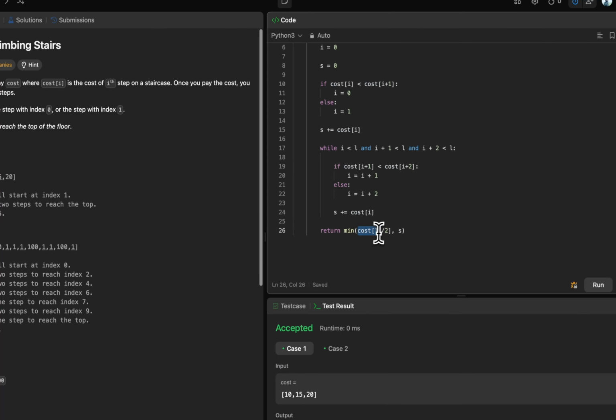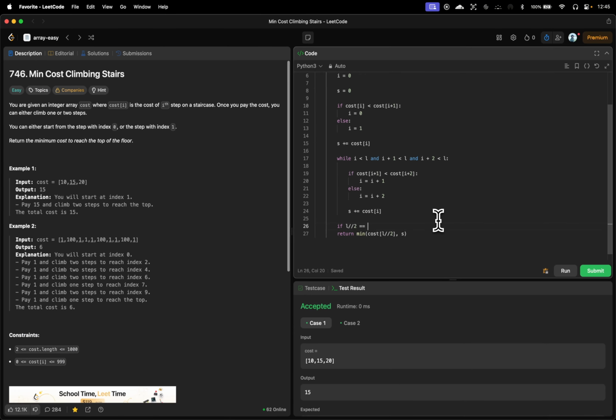If I see this part, if L divided by 2 equals 1, then I can check. That will not be the case.